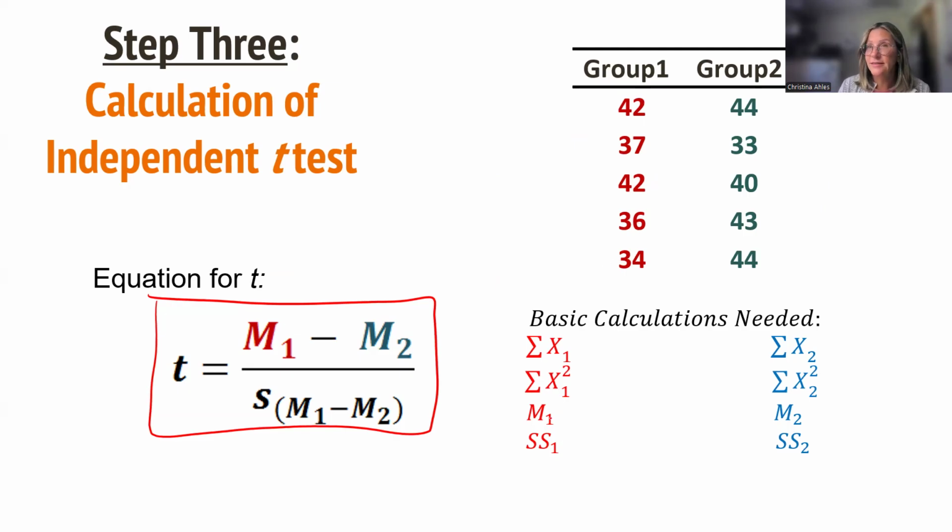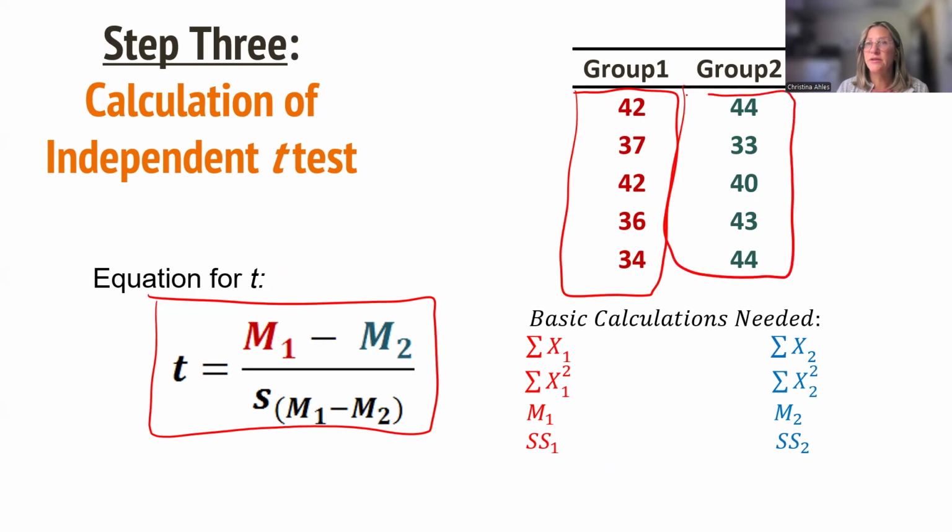You're going to find the sample mean for group 1 and the sum of squares for group 1. You have to do the same exact thing for group 2. These calculations are separate for each of those groups, and those are all the basic calculations you'll need. So let's get started on what is needed to plug into this equation for the test statistic.